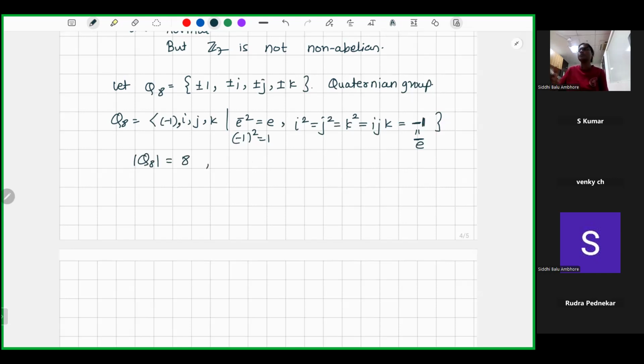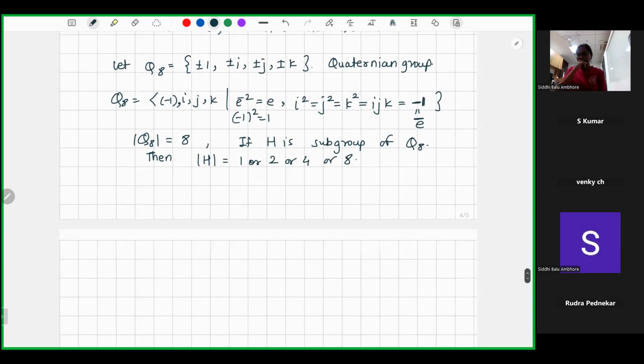So if H is a subgroup of this Q8, then the cardinality of H is either 1 or 2 or 4 or 8. Okay. And note that here i squared, j squared, k squared is minus 1. And since the order of the group is 8, no element can have order 3.